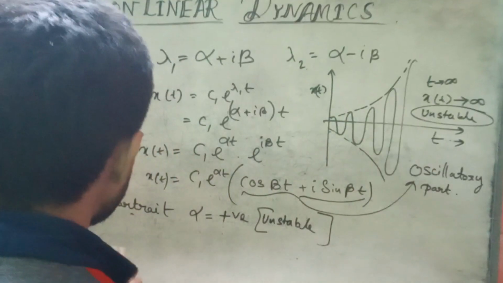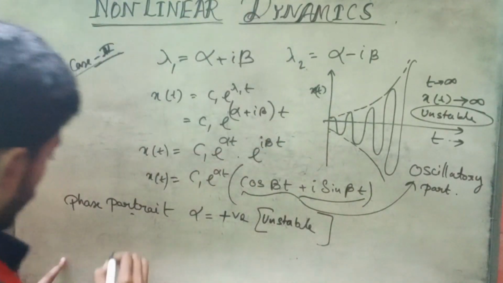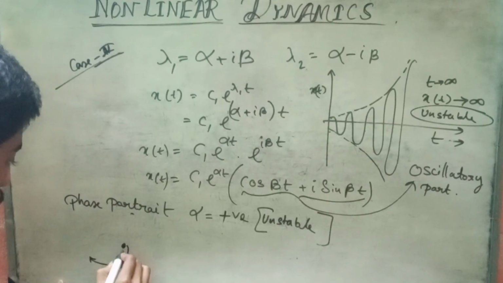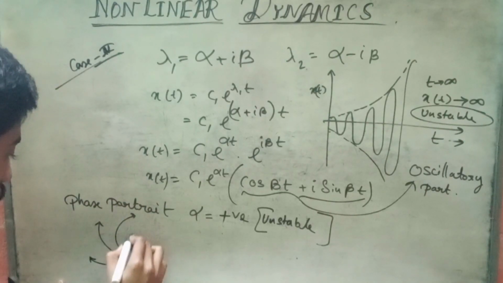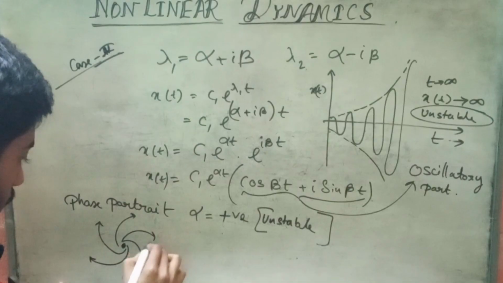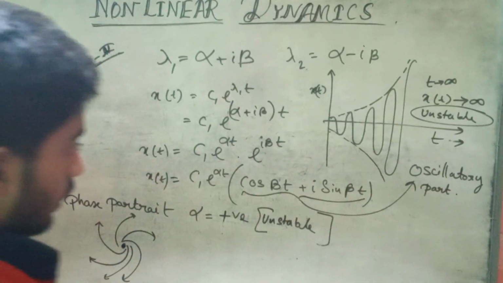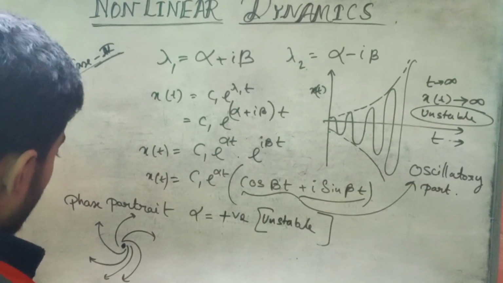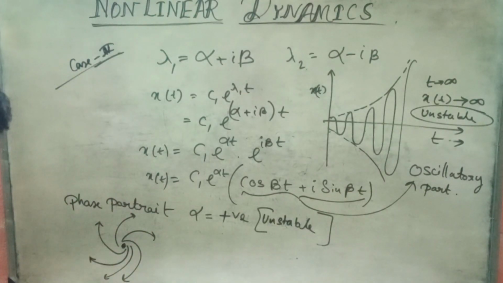Now draw the phase portrait of this fixed point. All system trajectories are moving outwards from the equilibrium point, and due to the oscillatory part, they move outwards with some oscillatory motion.